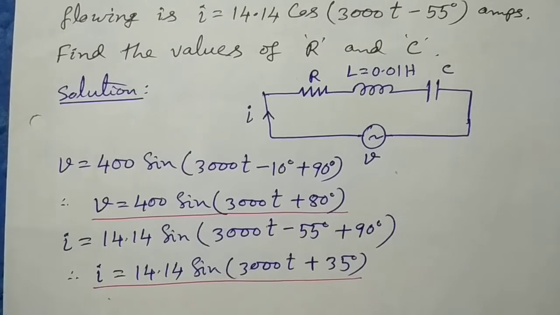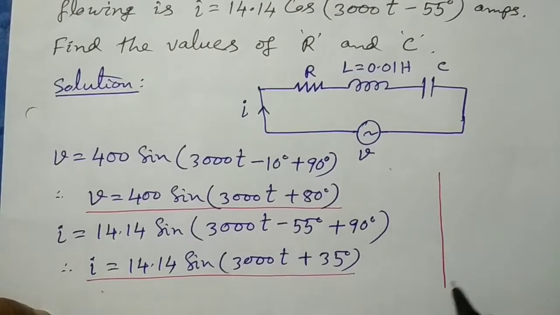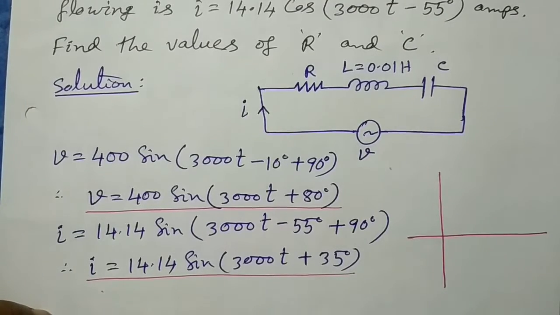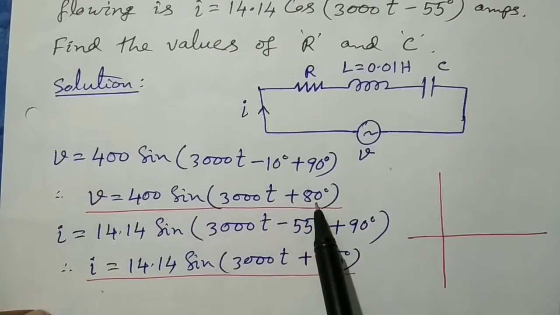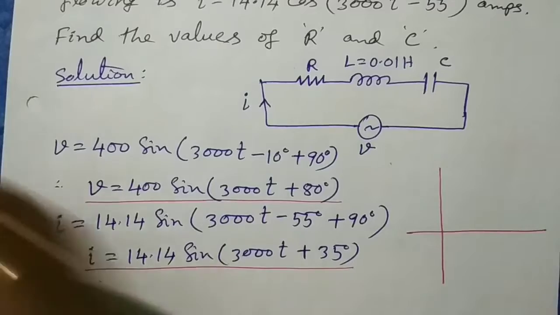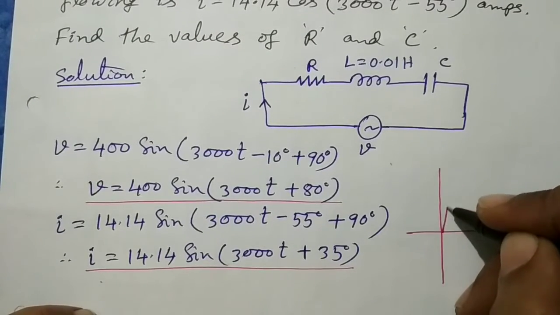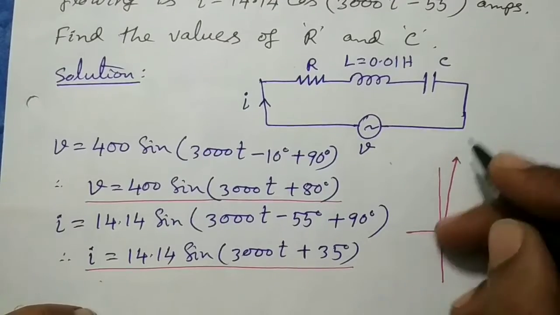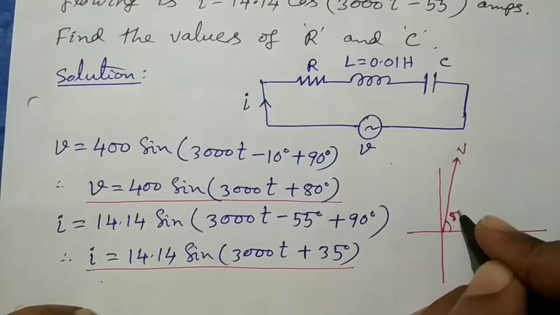Let's draw the phasor diagram of this voltage and current. The voltage is Vmax sin(omega t plus 80 degree), so the phasor of the voltage will be in the first quadrant and make 80 degree with the reference line.